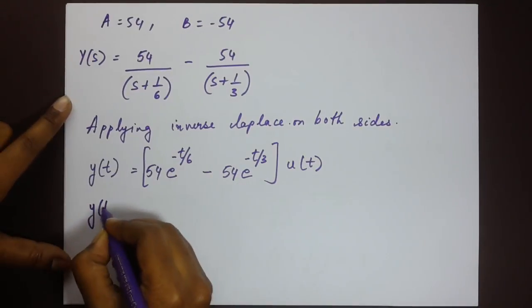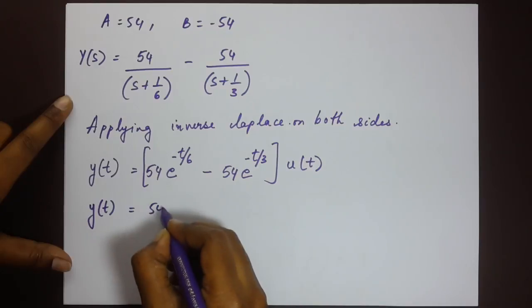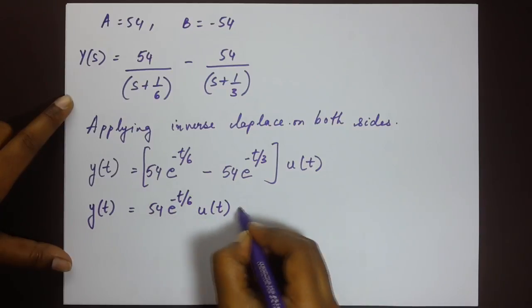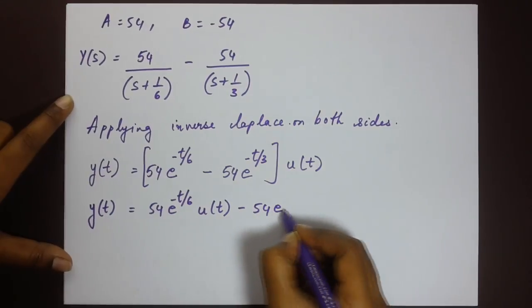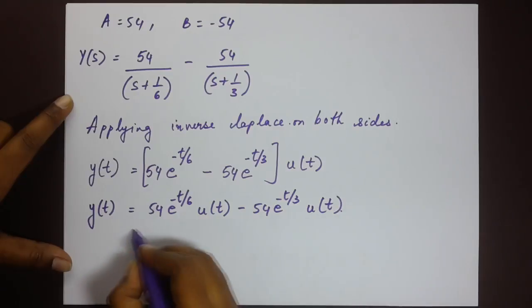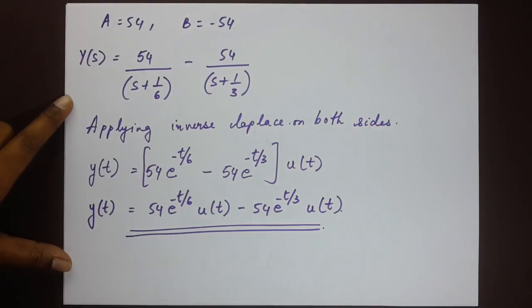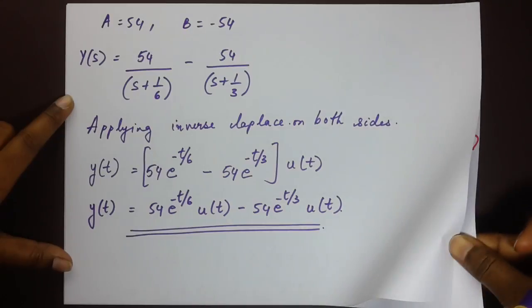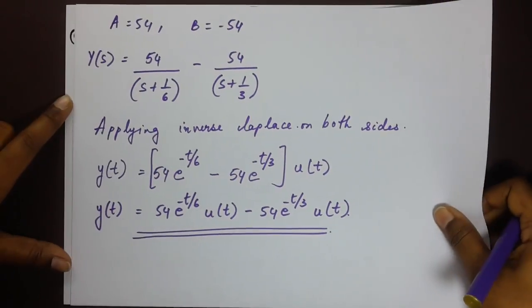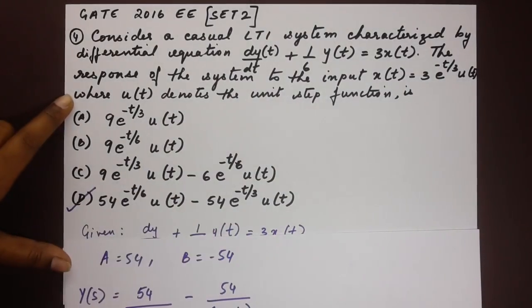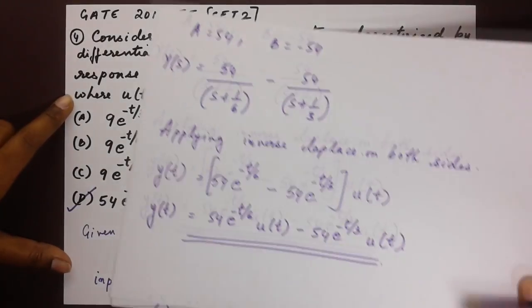So the final expression would be y of t is equal to 54 e power minus t by 6 u of t, minus 54 e power minus t by 3 u of t. So this is our final equation, and that matches option D. So this is our final answer.